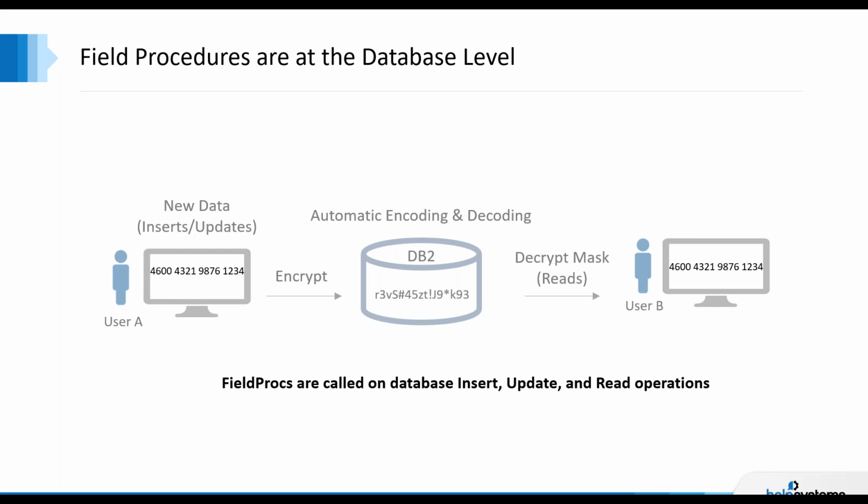Then when that database receives a request to extract or read that data from the file, the database manager, again, will invoke the field procedure to determine whether that field should be decrypted, and if so, to actually perform the decryption routine and provide that data back to the user. These field procs are going to be invoked anytime there is an insert, update, or read operation. If you're an RPG person, that means read, add, update, or delete, and that's all automatic, again, within the database.